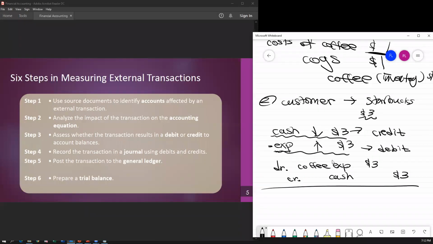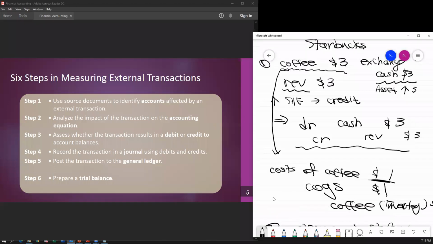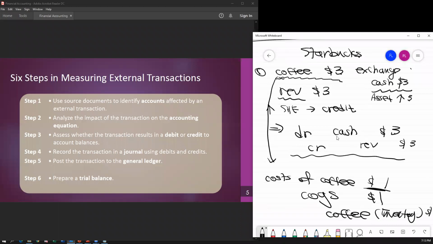Periodically we prepare a general ledger. For particular accounting items, let's say revenues and expenses, this is basically the general ledger. It aggregates or summarizes what happened across the entire set of transactions related to cash. For example, in number 1 transaction, we increased cash by $3.